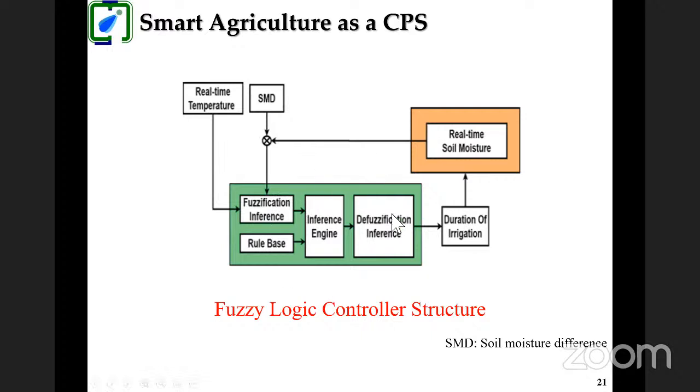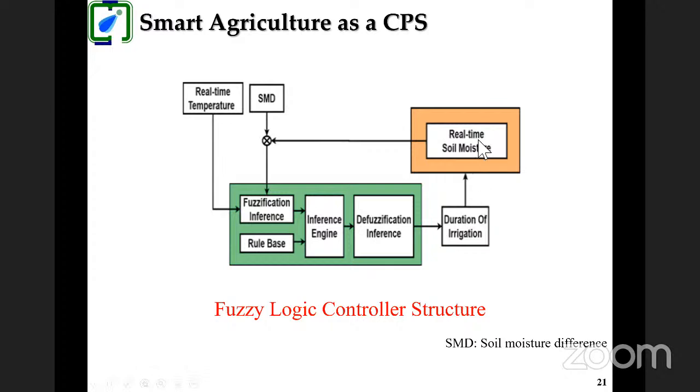And then this fuzzy system will set the duration of irrigation. Based upon the difference in the soil moisture content, the fuzzy logic controller will decide that irrigation will be on for 30 minutes, 5 minutes, 1 hour, 25 minutes, or 45 minutes.